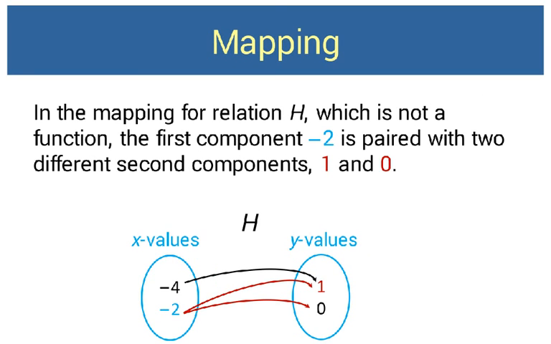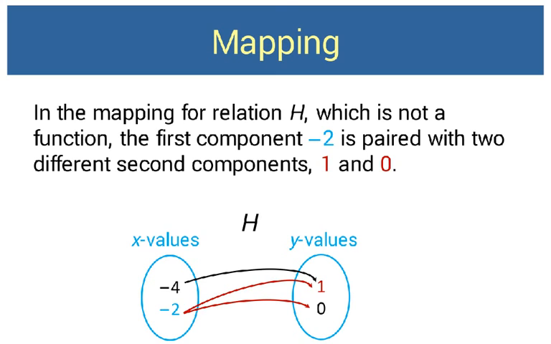Okay? The mapping for relation H, which is not a function: the first component, -2, is paired with two different second components, 1 and 0. So y'all see that. Whenever your x values are paired up with two separate y values, then this is not a function.